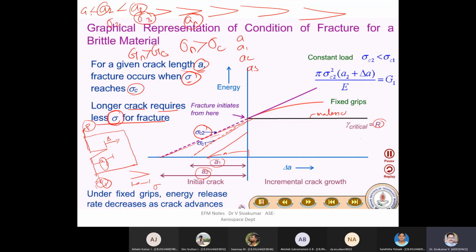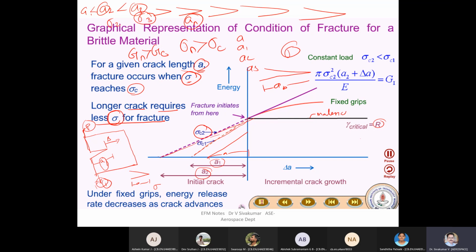When your crack A is big, then sigma will be less. The resistance will be less, because the crack is more, stiffness will come down.